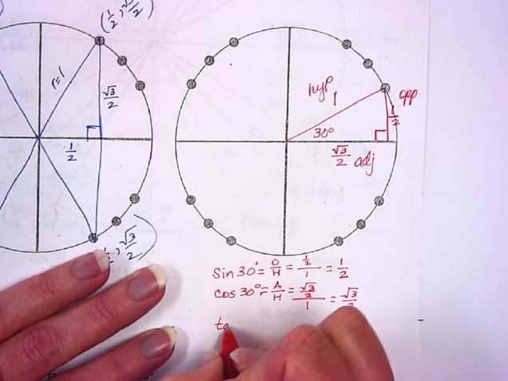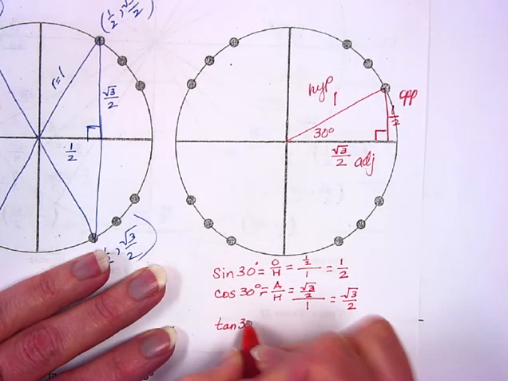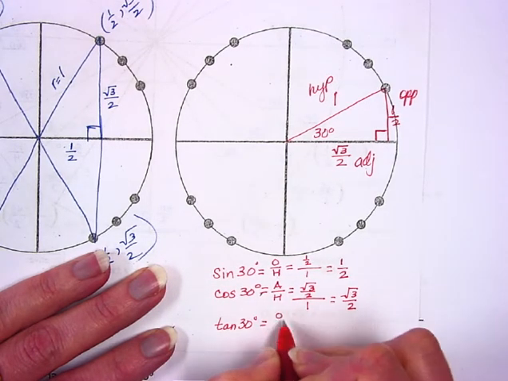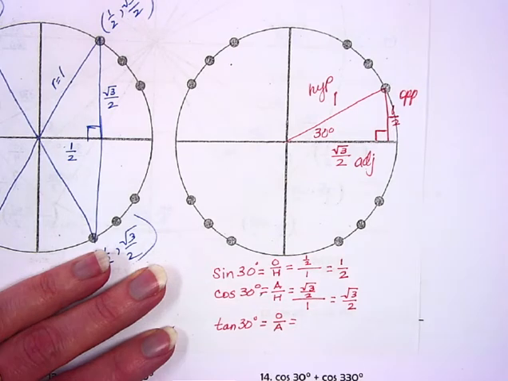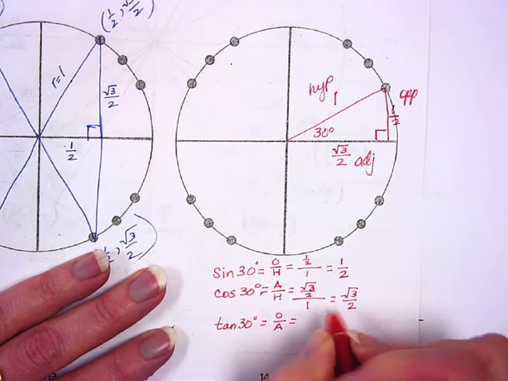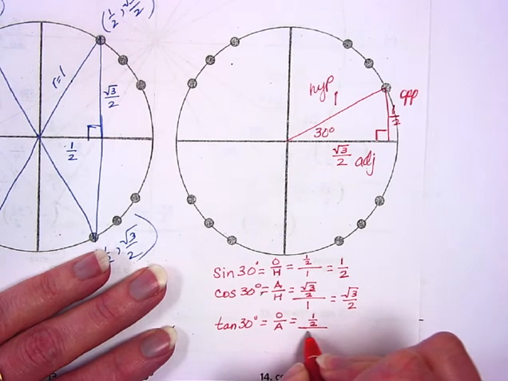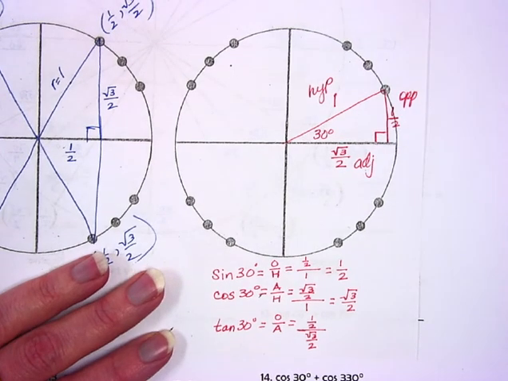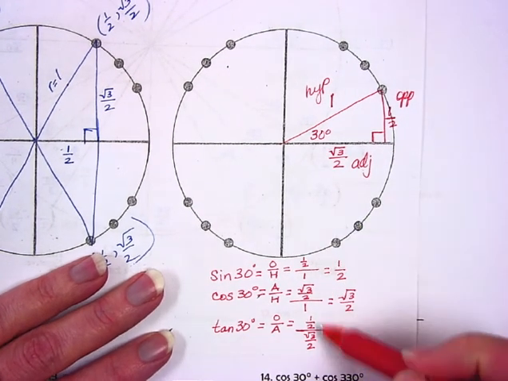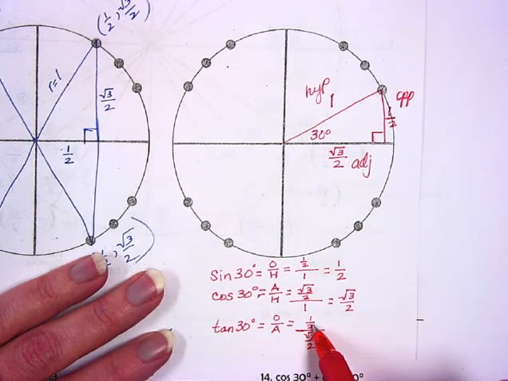All right, the tangent of 30 degrees. Opposite over adjacent. So what is opposite? 1/2 over 1/2. Adjacent, square root of 3 over 2. When you have fractions stacked like this, the denominators actually divide out.